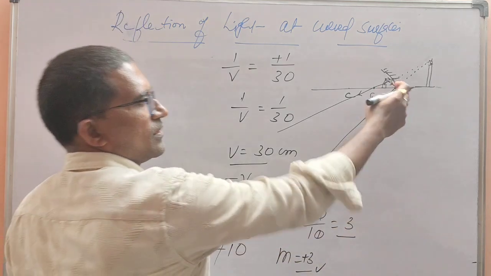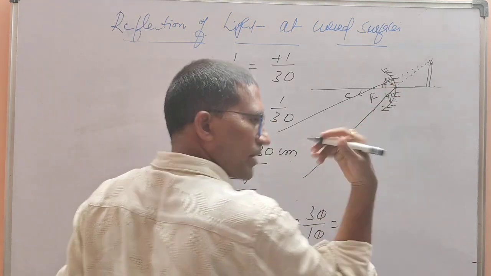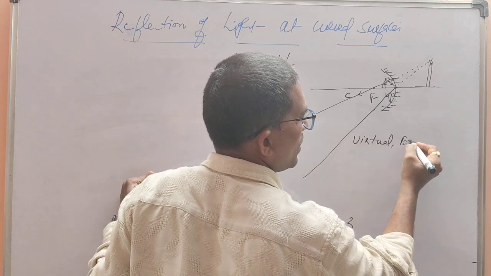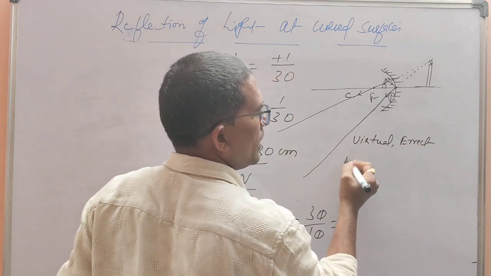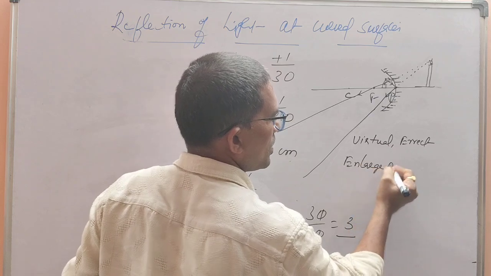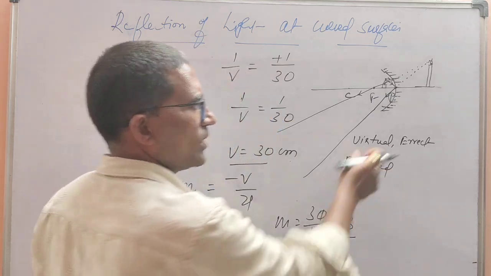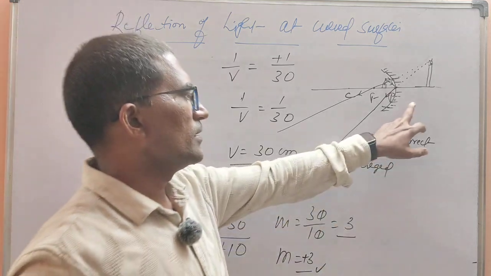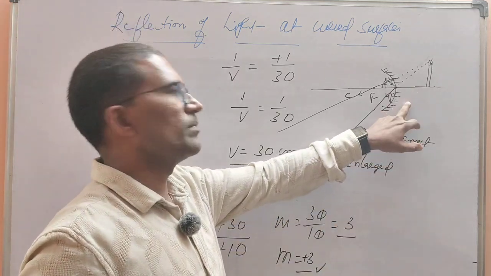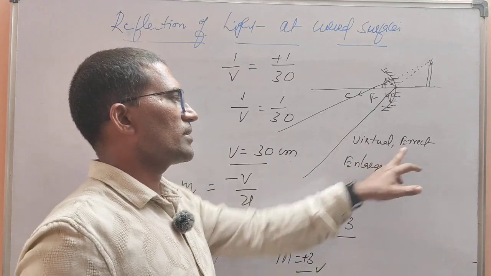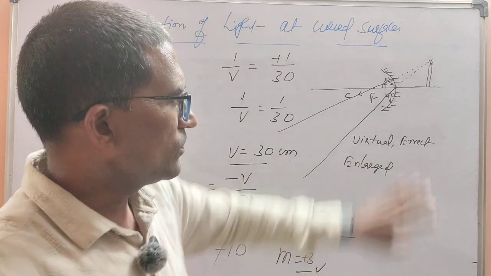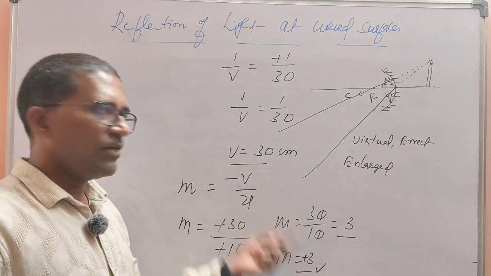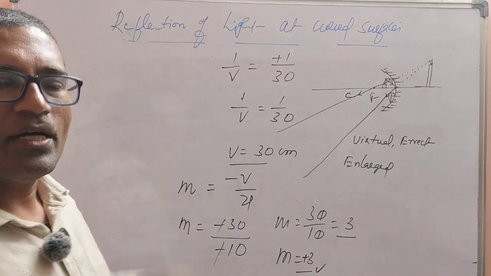Okay, that is, the orientation or nature of the image is virtual, erect, enlarged. Virtual in the sense the image is formed in the mirror, that is behind the mirror or within the mirror. That is, a virtual, erect, and enlarged image is formed. This is the orientation, and this is the value of magnification, and we are done with the image distance.